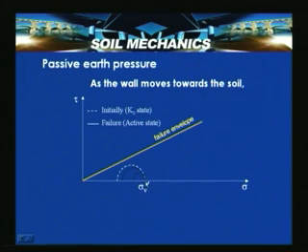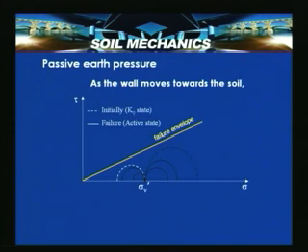When the wall moves towards the soil, it tries to reach the failure surface, but in this case sigma h naught, which is initially the horizontal earth pressure at rest, changes to sigma p by increasing. With the same sigma v dash, the Mohr circles propagate towards the right and attain failure.